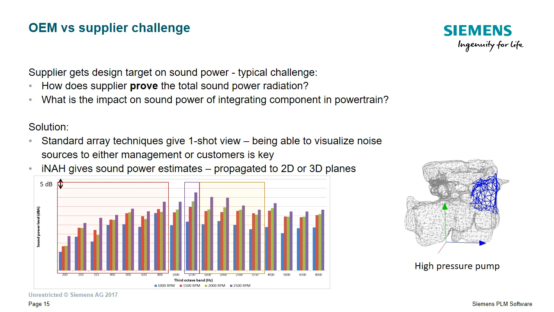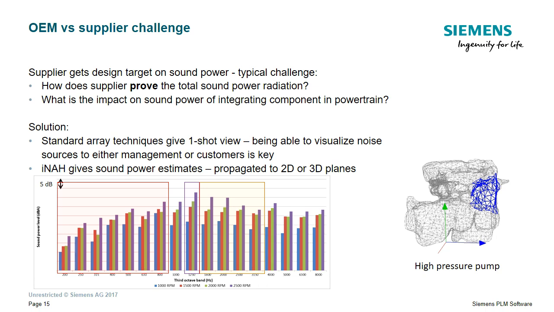So we're maybe used to looking at changes in operational conditions in terms of color maps and waterfalls, where we make plots of frequency versus rotational speed, and then we look at sound pressures and we can identify orders.